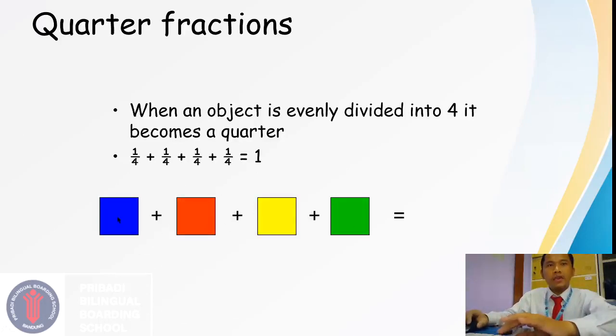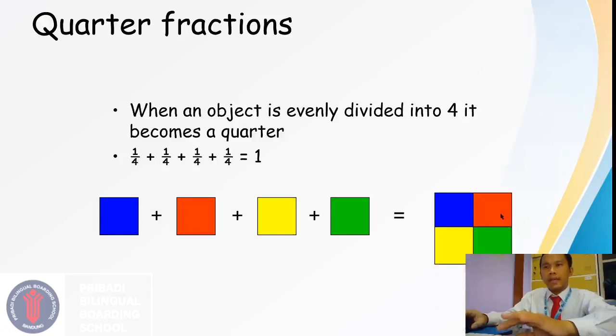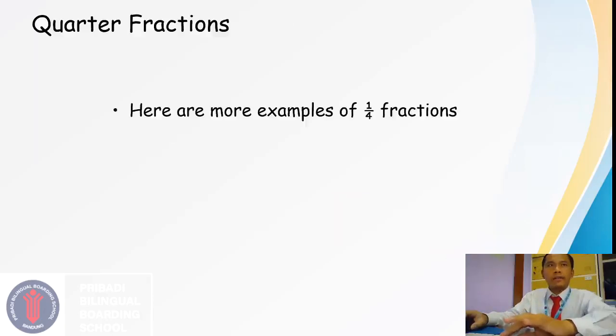Assume that each part is a quarter: blue, red, yellow, and green. If we join them together, it becomes one whole object. One part is blue, one part is red, another part is yellow, and the other part is green. So if we join each quarter together, it becomes one whole object.